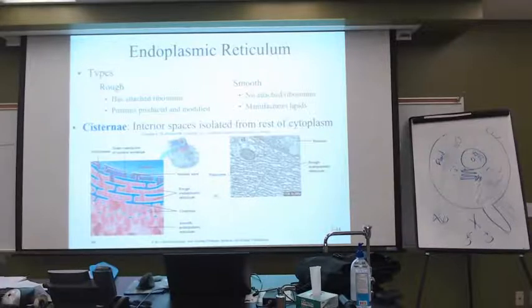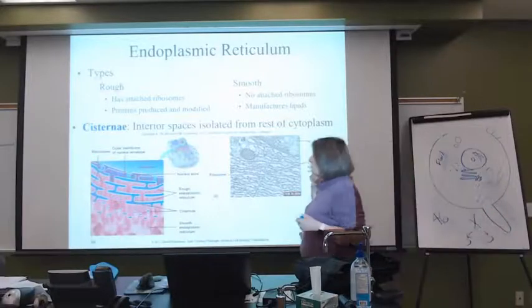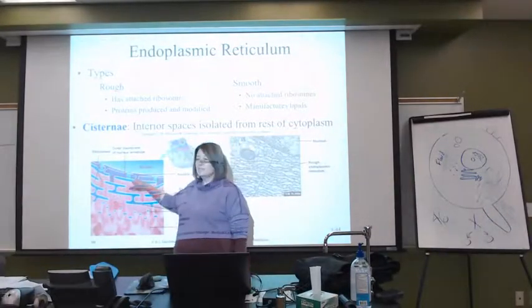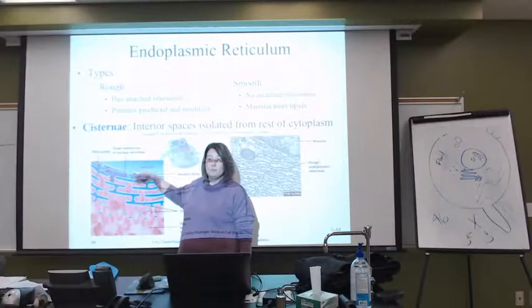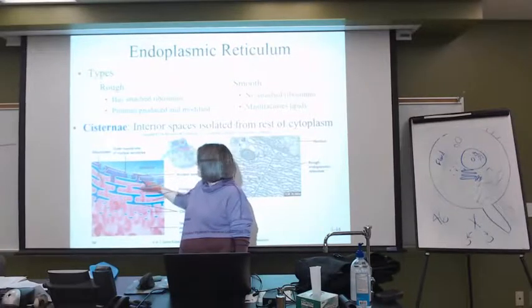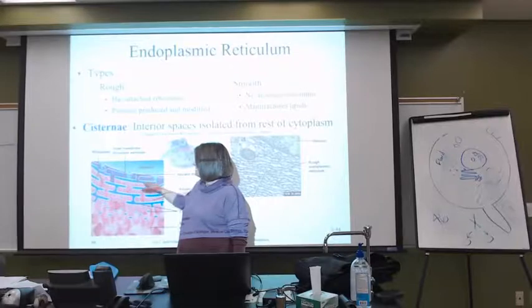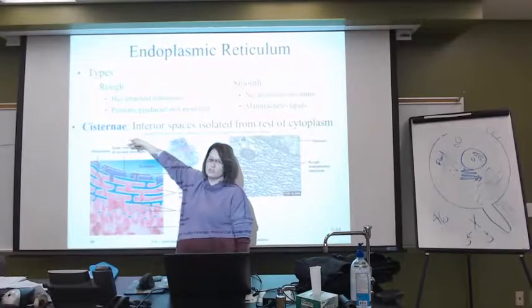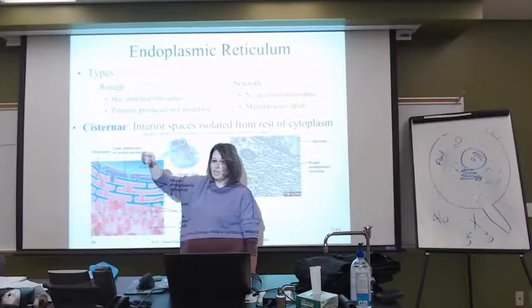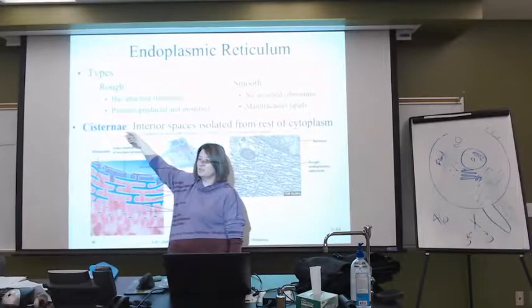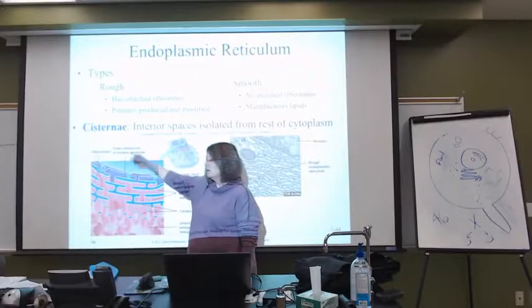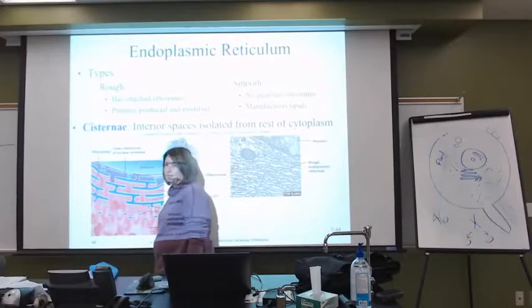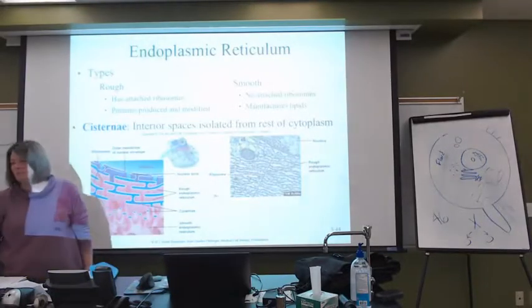So we have our rough and smooth. On the rough, because it is a double membrane system, it creates these spaces that exist, and those are called cisternae, like an empty jug, okay? So they're termed cisternae. And that's just the spaces in the endoplasmic reticulum.